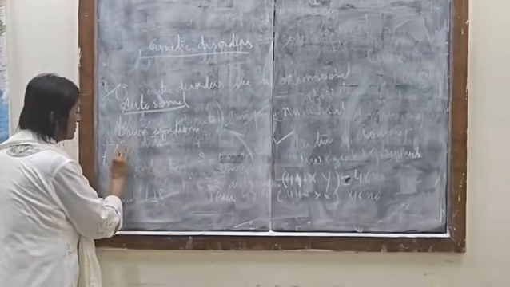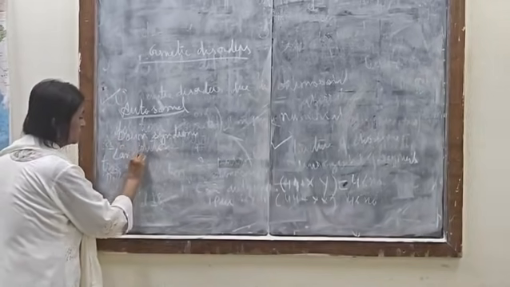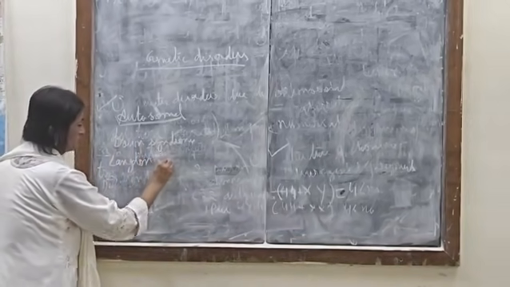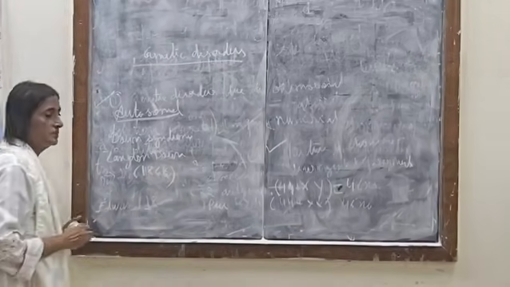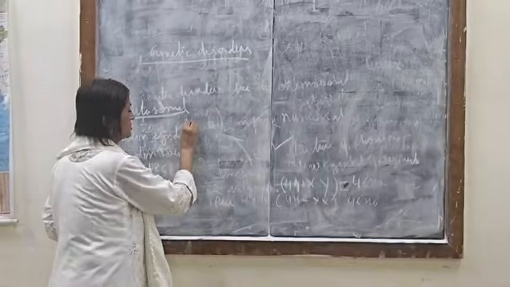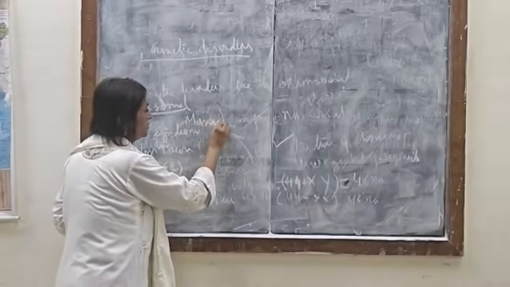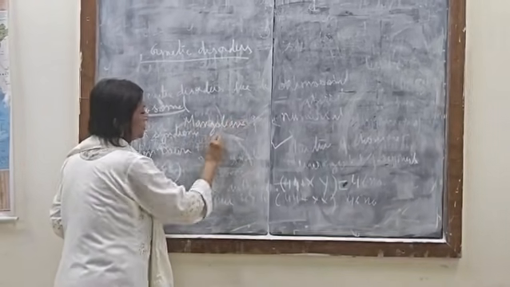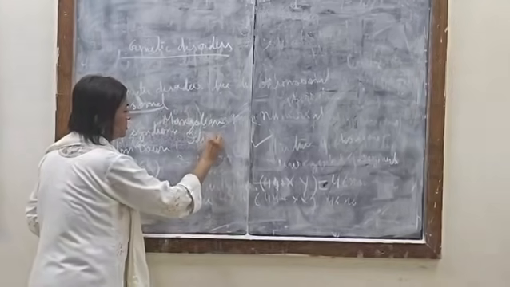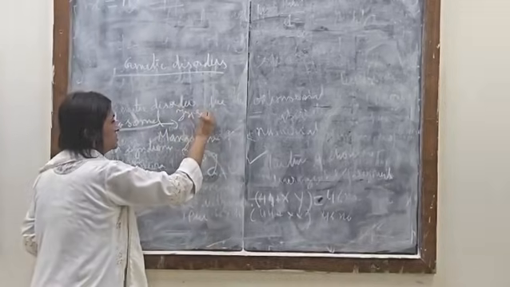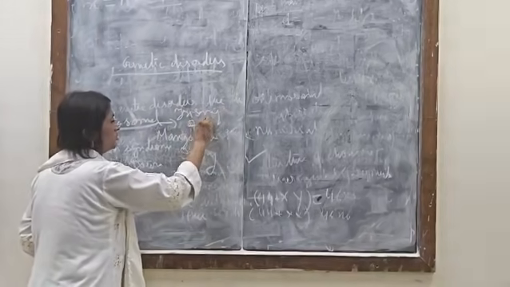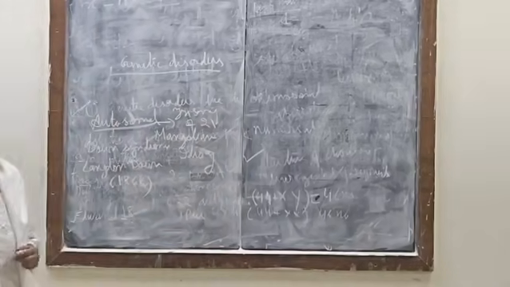And it was discovered by the scientist Langdon Down in the year 1866. It is also called Langdon Down idiocy, or trisomy of chromosome number 21, Down syndrome.